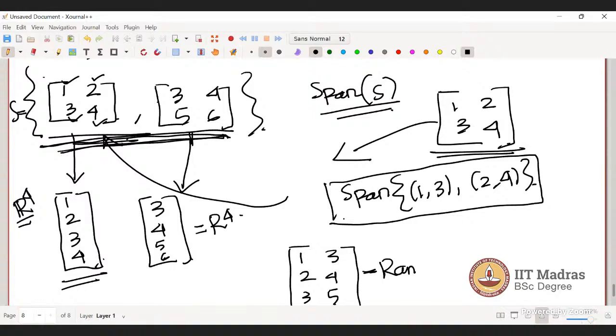And sorry, the second one I still didn't get anything. You are talking about this question? Yes, yes, this question. So this set contains matrices, right? Yes. So one of the matrices is 1 2 3 4. Another one is 3 4 5, and I want to compute the dimension of the span of S. Yes, sir. Yes, sir.